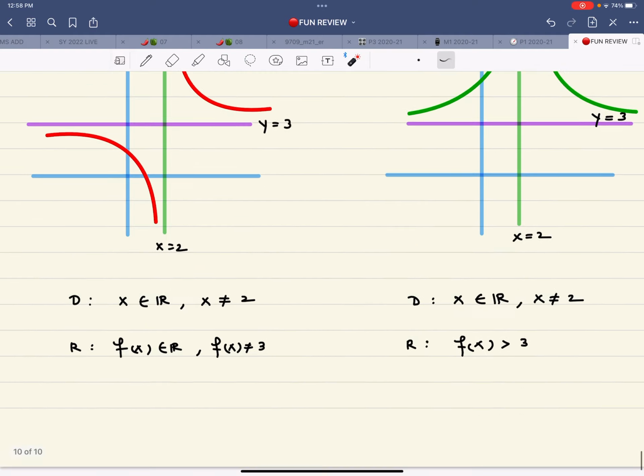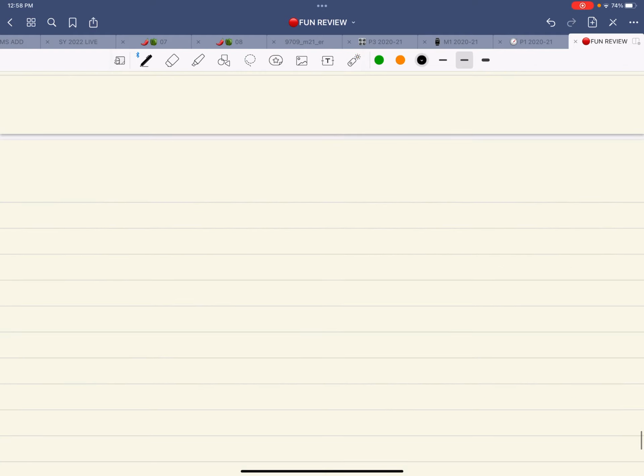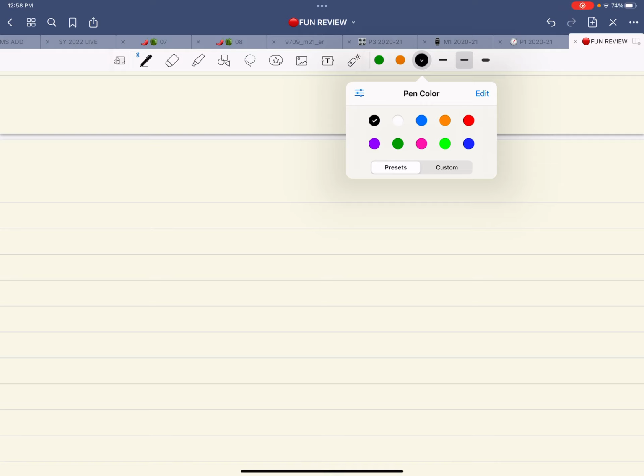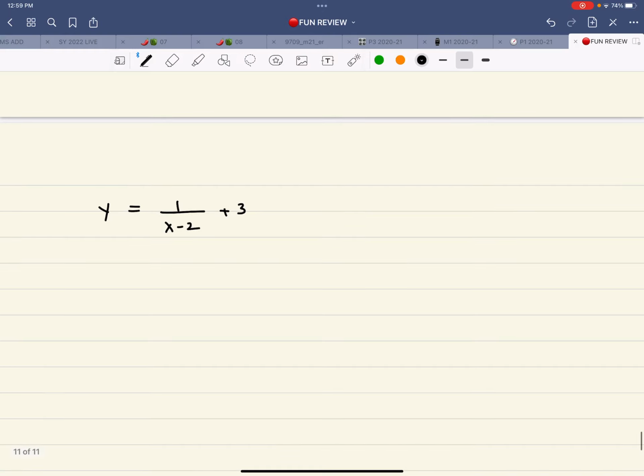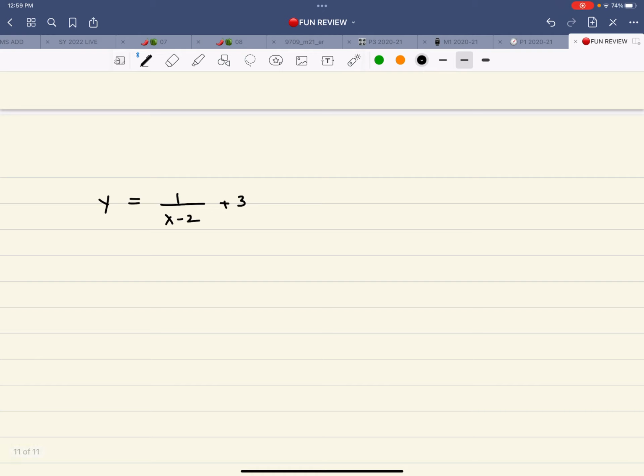For example, without any formula, let me first draw the original one. 1 over x minus 2 plus 3. And the examiner would say, the original function, let me denote it by g(x), and f(x) is 1 over x.